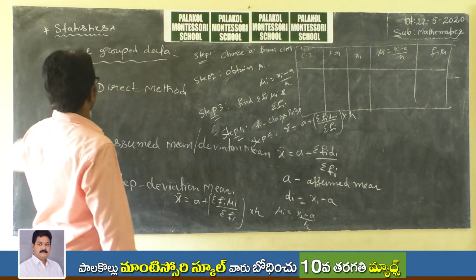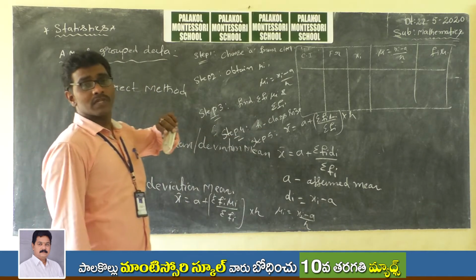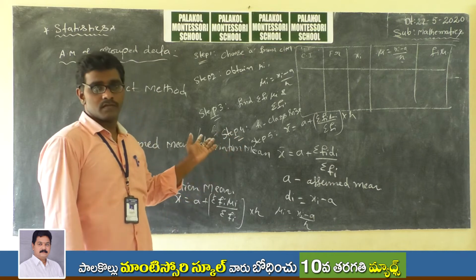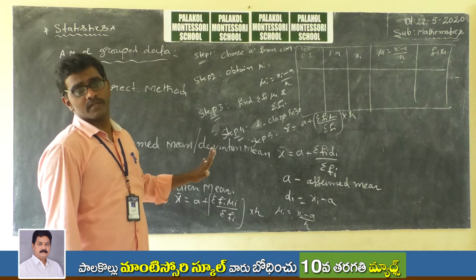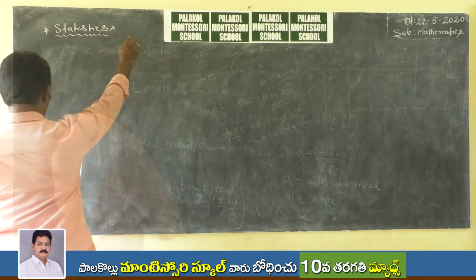Next, I do one sum to cover these 3 methods: direct method, assumed mean method, step deviation method.